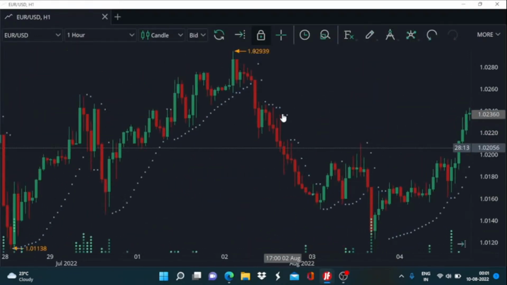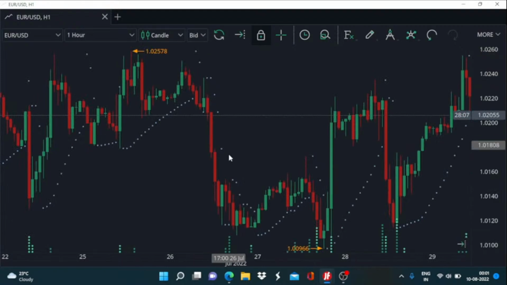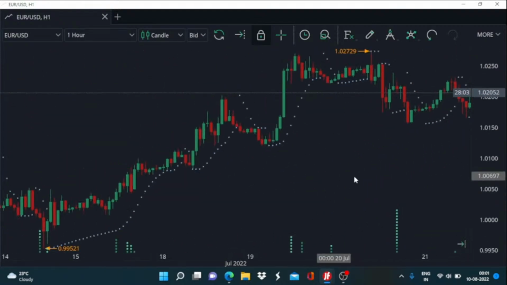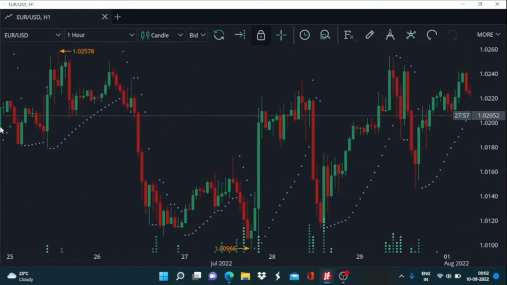So here now the price action is pretty much close to this short sell bearish momentum plot of the SAR extended indicator.